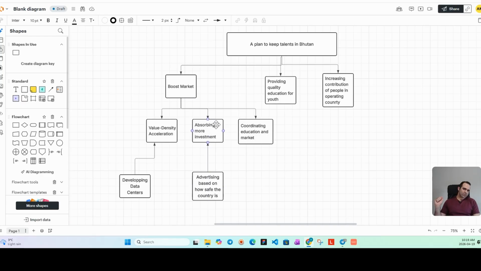To absorb more investment, one of the features they can focus on is safety. Bhutan is a very safe country, and investors are looking for a safe region to invest, so they can advertise under safety, and in this case they can boost the market. Then there is coordinating education and market.